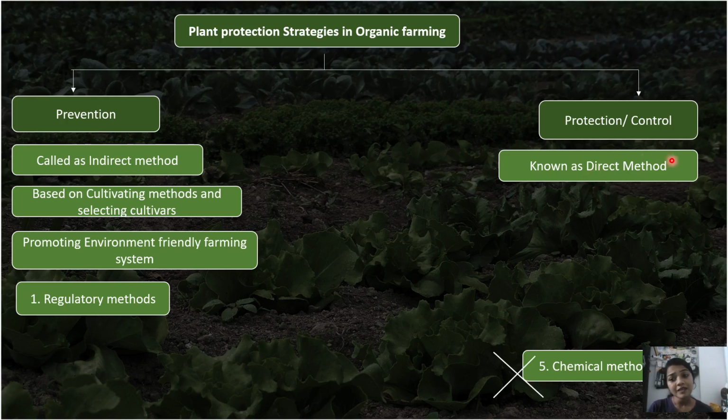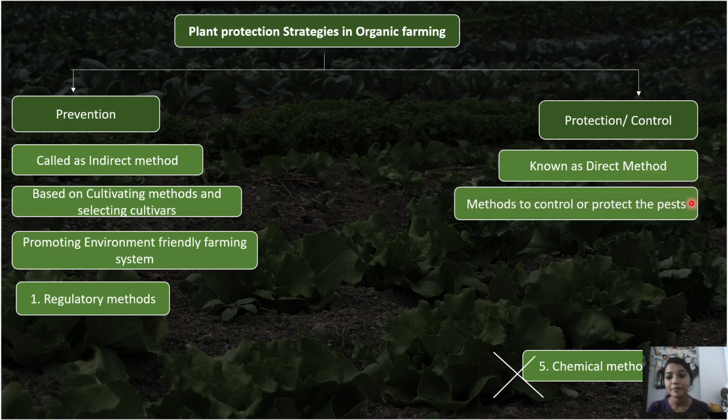So this is called a direct method because all the methods that you will use will directly affect the pathogen. The pathogen is there on the plant, and now you will use methods that will remove that pathogen from your field, and therefore this is called a direct method.